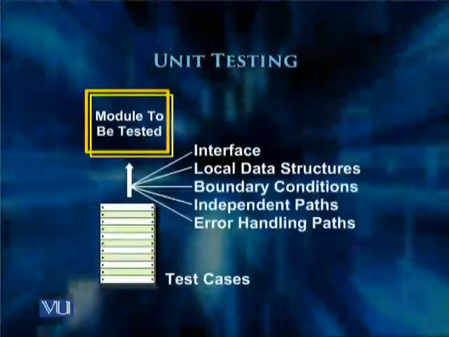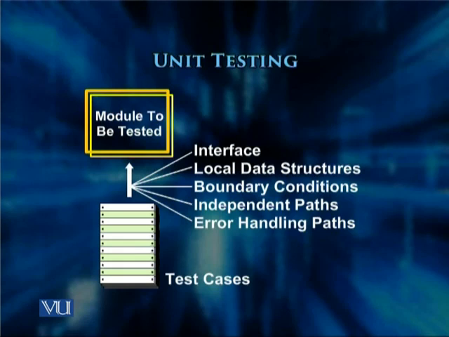You can see that unit testing requires certain test cases, and the module that is going to be tested has to be tested for interface. That is, its interface has to be tested. Local data structures have to be tested. The boundary conditions have to be tested. Independent paths have to be executed, and error handling paths have to be executed.